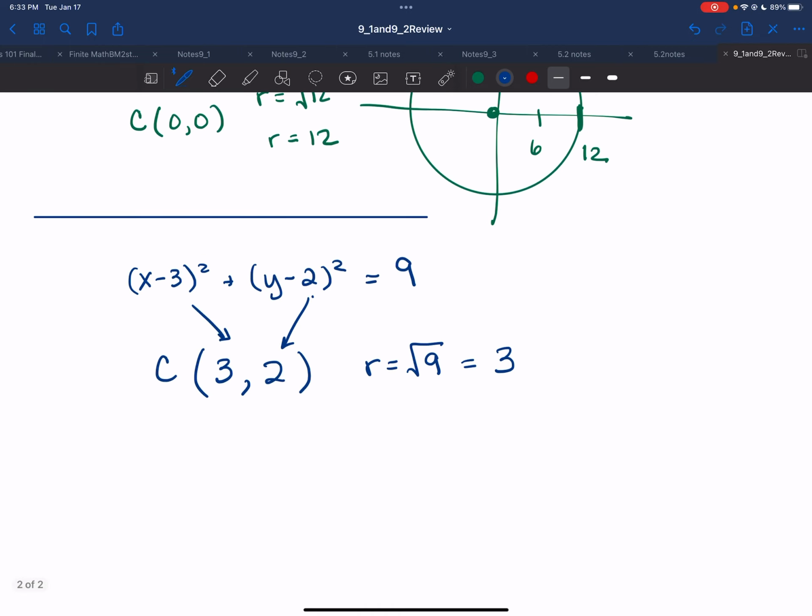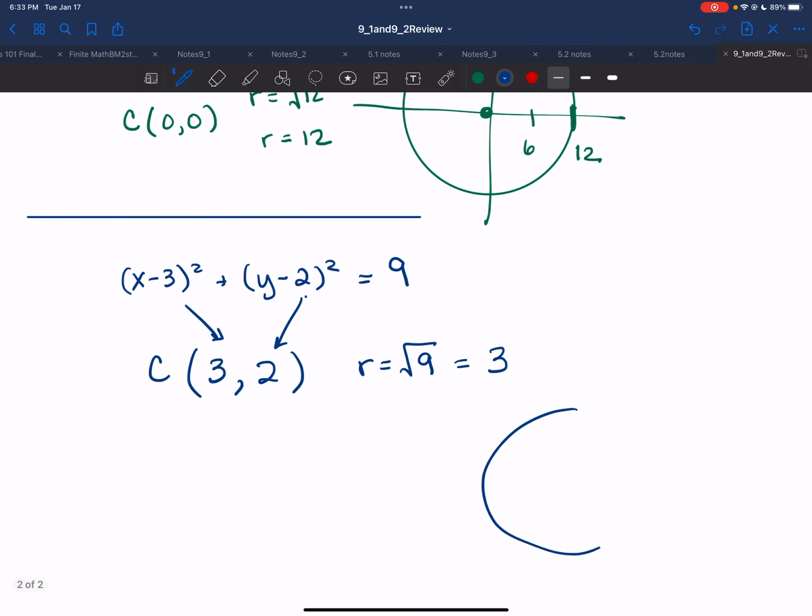So in this case, I have a circle, and again, I'm going to do it backwards. So this is going to be 3, 2. And I have a circle of radius 3. So this is actually going to be my axis here. Not quite. It should be tangent to the circle.